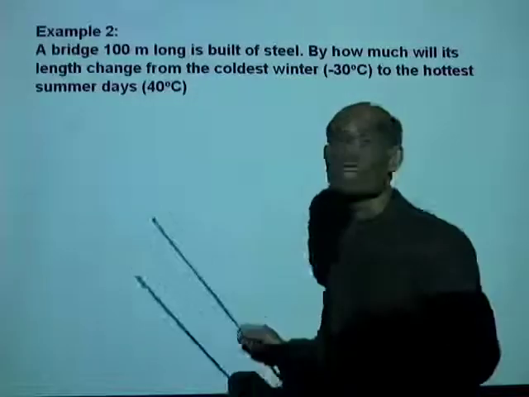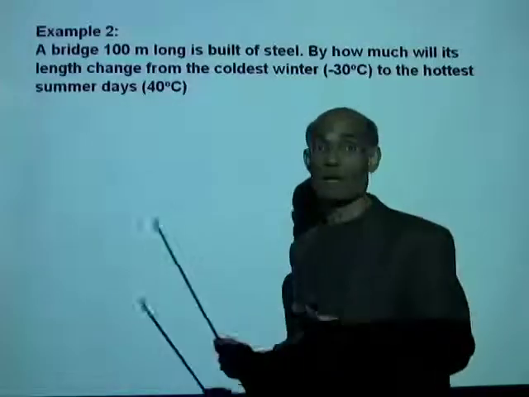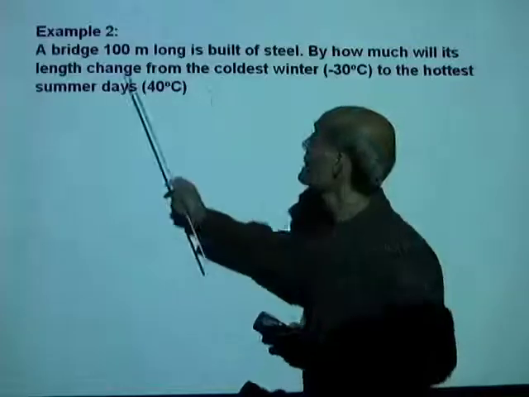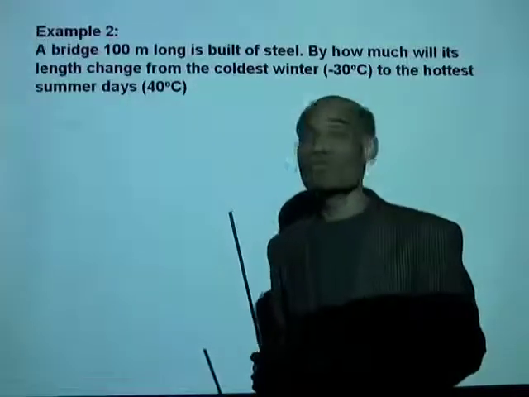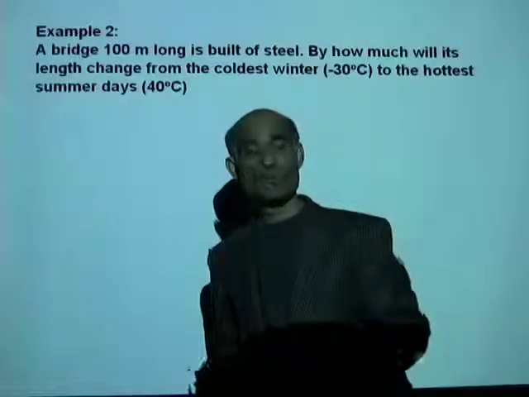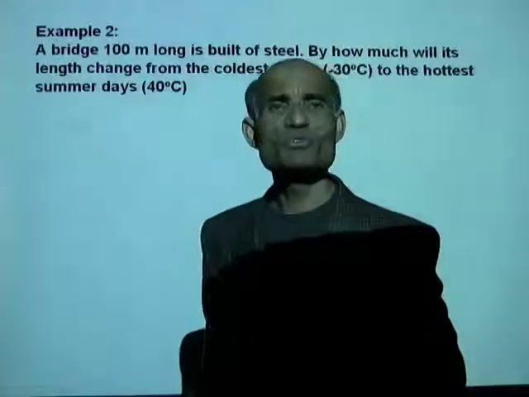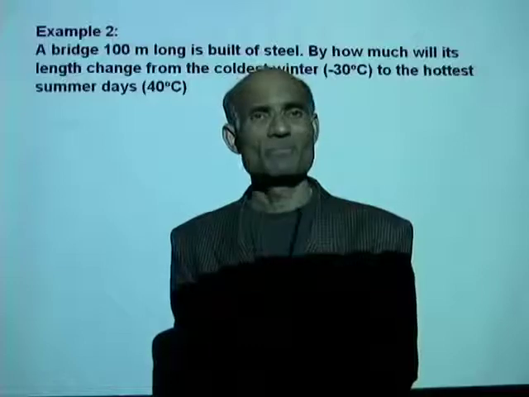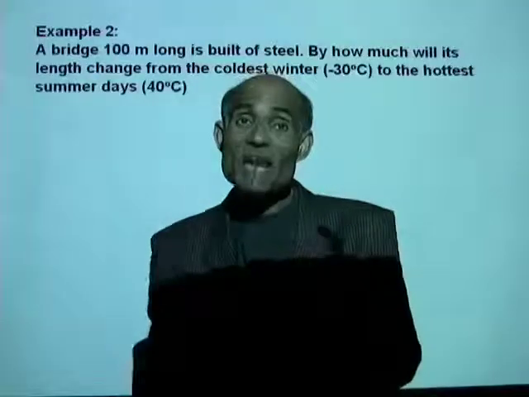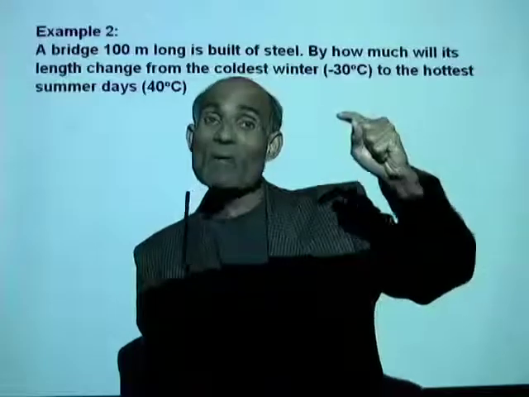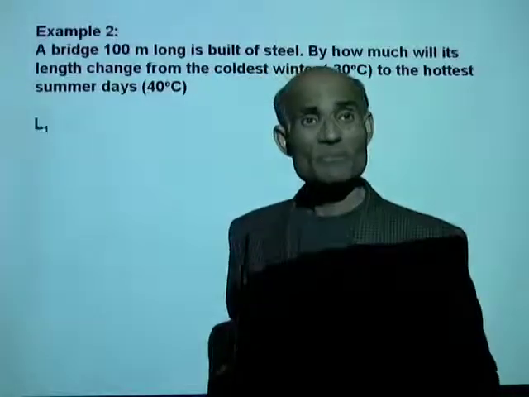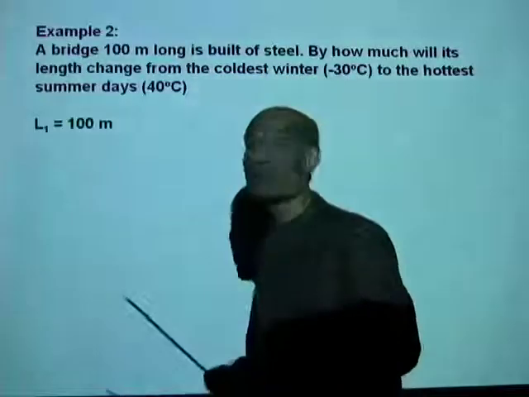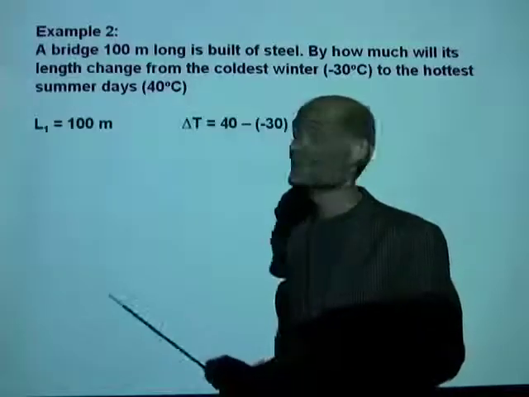Well, what we need to find here is delta L. We know delta T, we know the original length. Can we find delta L? What's an equation that we can use for delta L? Well, delta L equal to L1 alpha delta T. Is that right? All right, we got L1 100 meter.